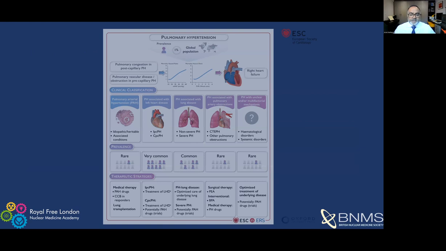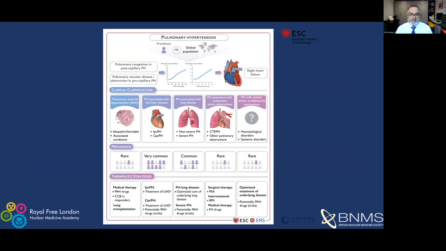So why is it important to categorize the cause of pulmonary hypertension? So pulmonary hypertension is, as we mentioned, essentially where you have raised pulmonary arterial pressure, and there are 5 categories of disease that cause this.